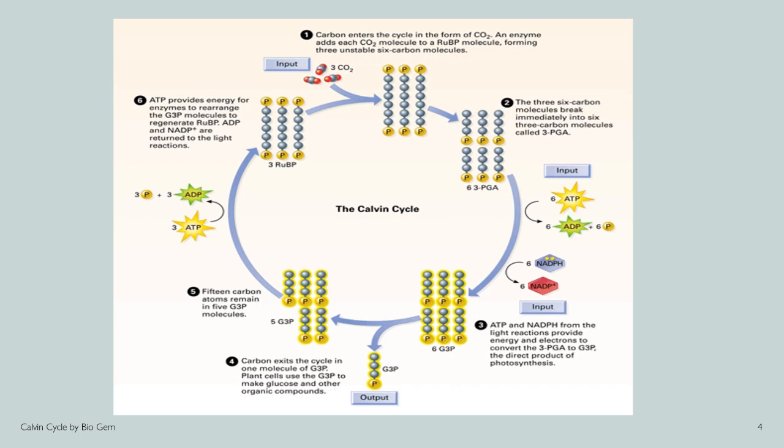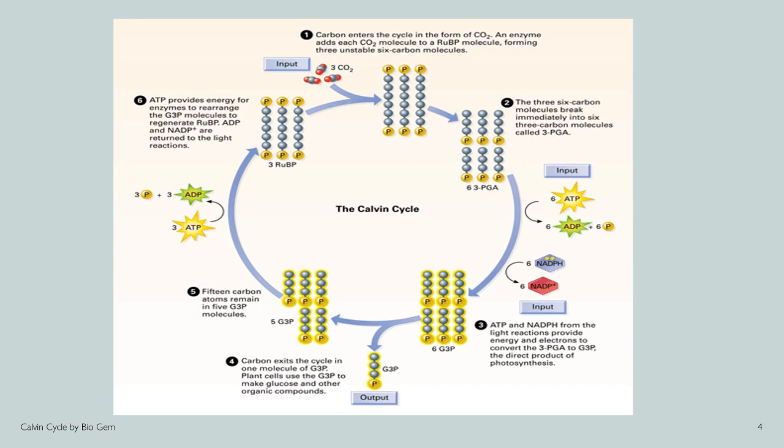Now this unstable 6 carbon compound breaks down into 6 molecules of 3 PGA. When this happens, 6 NADPH are oxidized to NADP, and 6 ATP are broken down to ADP to release the phosphate groups, which are used by the PGA molecules to form G3P.